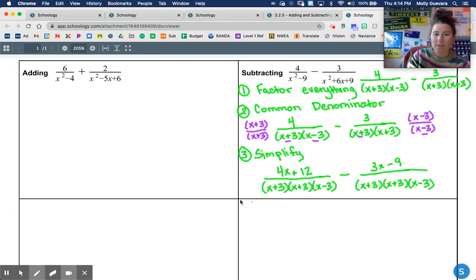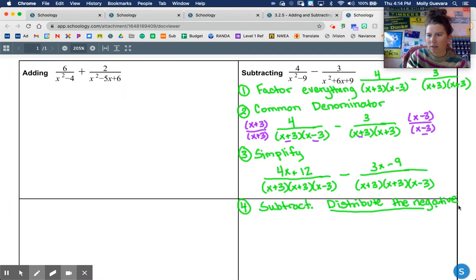Okay. Step 4 here, and this is where it's a little bit different, is that I need to subtract. And I'm going to make a very big point of this. We have to distribute the negative. Because we are subtracting, we distribute the negative, right?